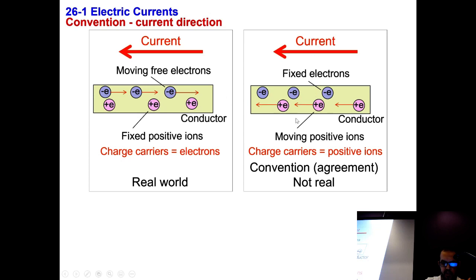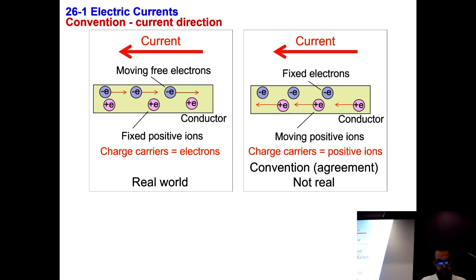Hence the current is in the direction of positive charges, and this is the convention. This is an agreement. This is not what is happening. As I mentioned in the previous slide, in reality it's the electrons that are flowing, but by convention we take the current to be opposite to the flow of electrons and say it is the flow of positive charges. So please make sure you know this dilemma.